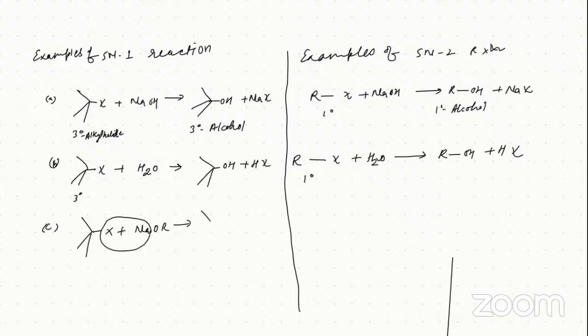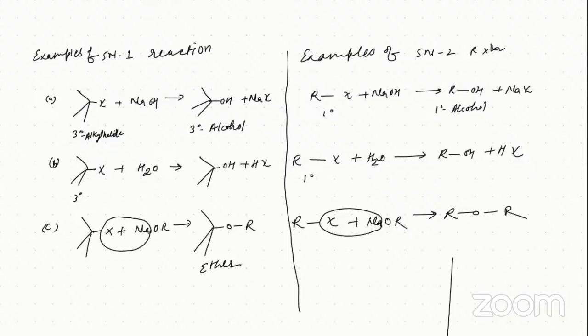So the compound you are going to get here has O and R. And if you have RX plus NaOR, this is out, so it is ROR. This is an ether. What is the degree of the ether? 3 degree ether, and this is a 1 degree ether.